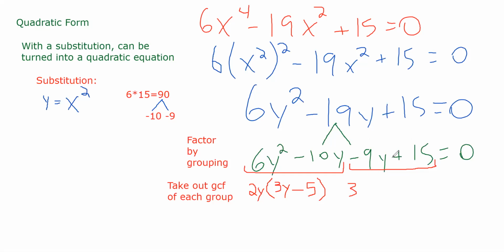And I don't have to worry about a y because this thing doesn't have the y with it, so the GCF can't involve the variable here. But sneakily, I'm going to take out a negative 3. And so what that's going to do is flip the signs. By taking out a negative 3, this becomes positive. The leftovers are 3y. If I take a negative 3 out of positive 15, that's just going to flip the sign.